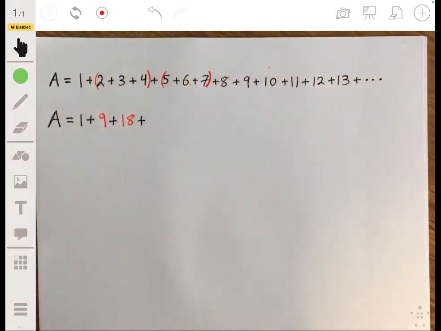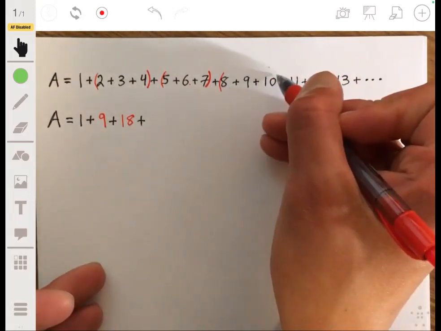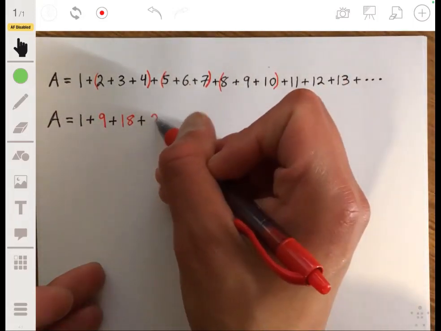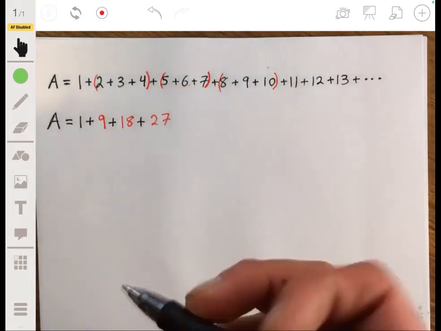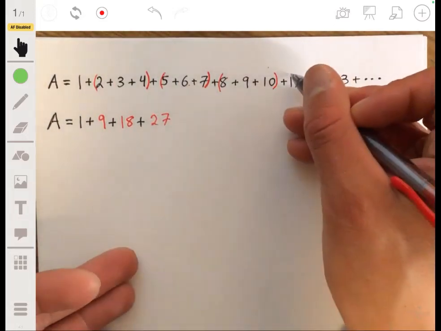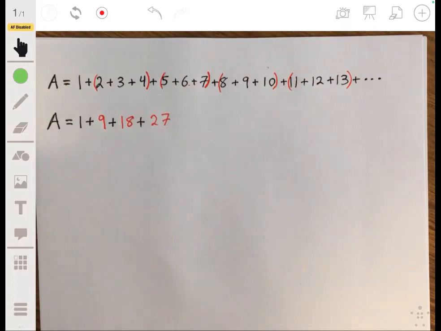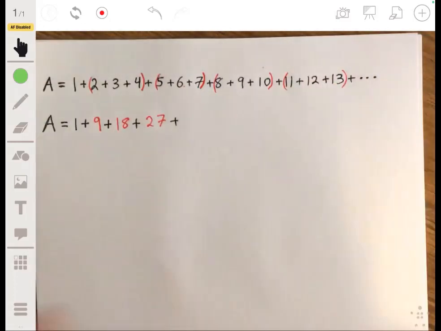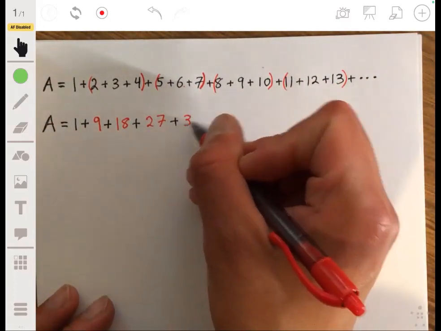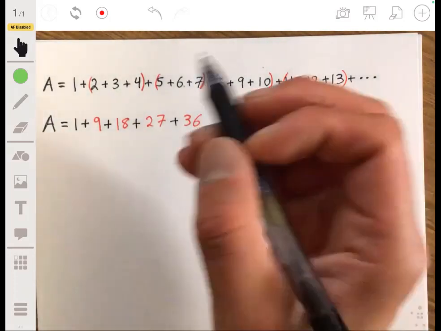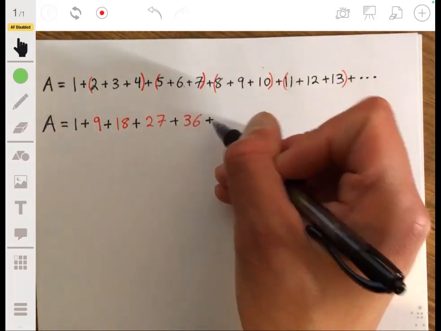And you do the next 3, 8, 9, 10, and yep, 27. And even the next 3, 11, 12, 13, gives 36. So you notice this pattern: after the 1, you can add up multiples of 9.